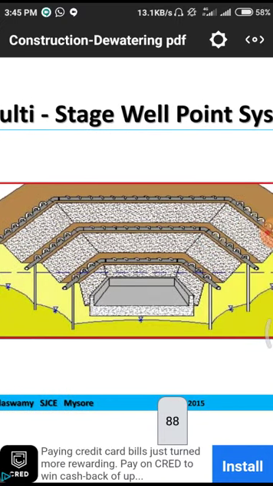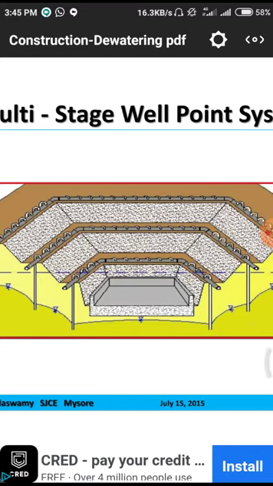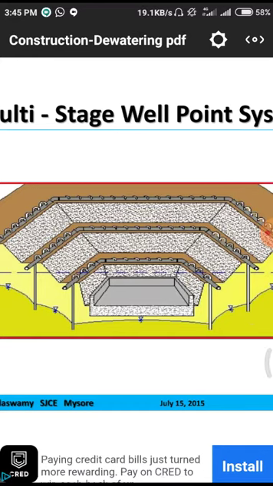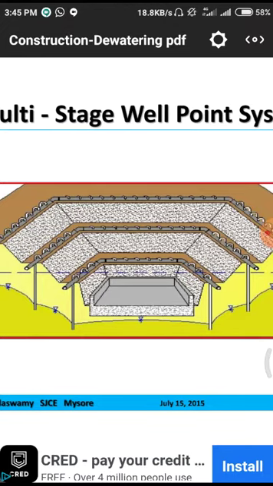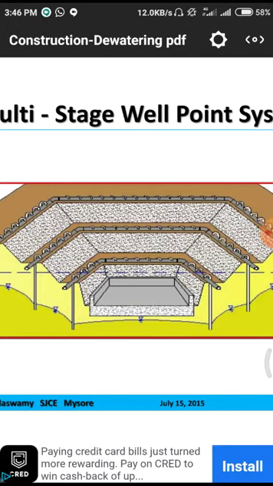It is also another example of the multi-stage pipeline system. Here we have a total of 3 pipes at different levels. The first pipe is normally at the ground level, the second pipeline system is at the water surface, and the third pipeline system is below the water level.